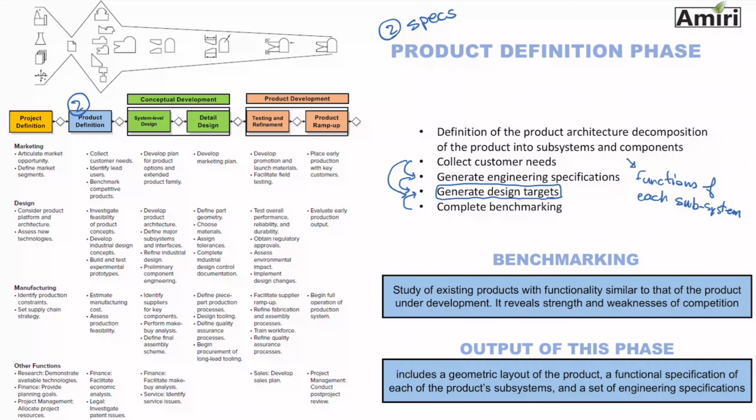All the different options by which a device, a tool, a product is powered on, that's your benchmarking. So benchmarking is always looking at what exists already. The most important two outputs of this phase are engineering specifications and, as we talked about, design targets.